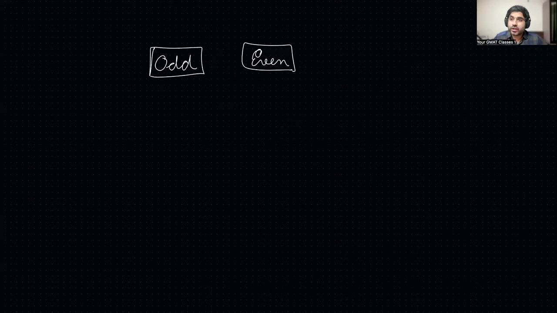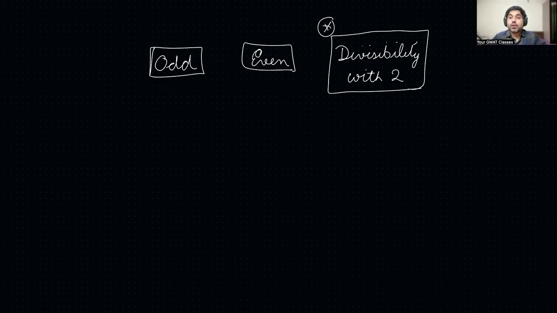How do we classify odd and even numbers? We check divisibility with 2. If a number is divisible by 2, then the number is even. And if the number is not divisible by 2, then the number is odd.